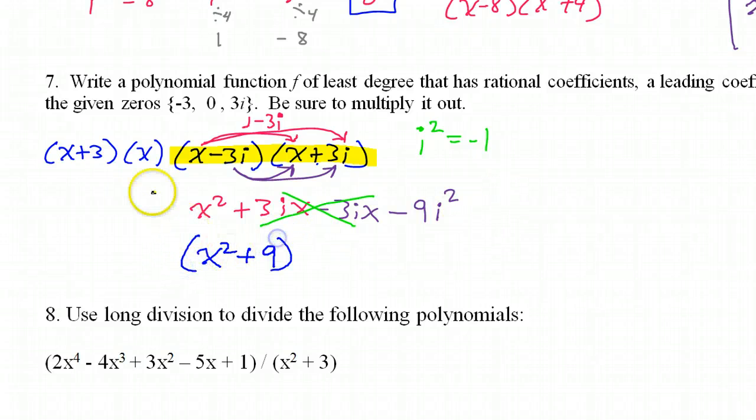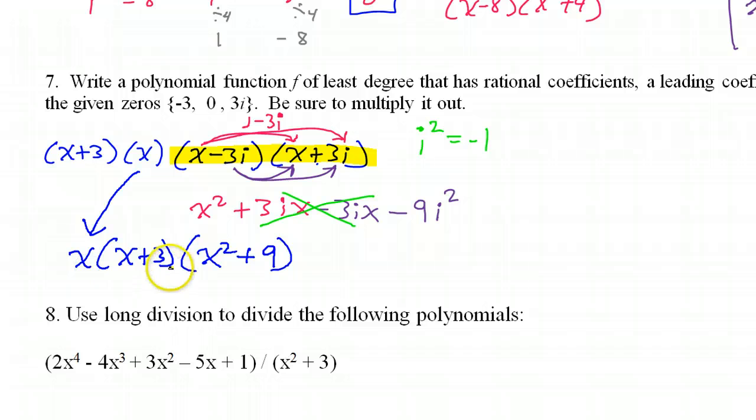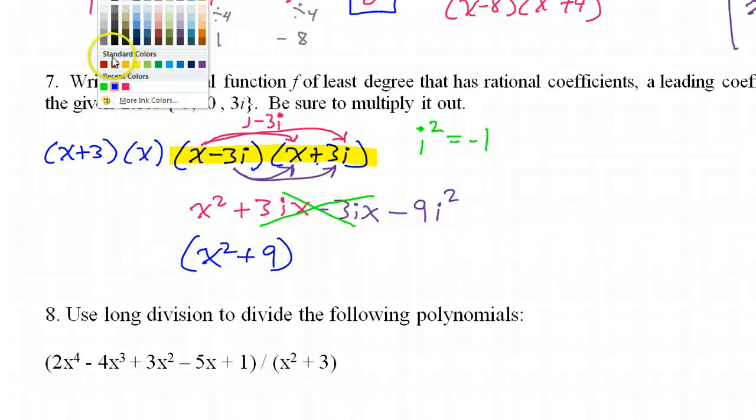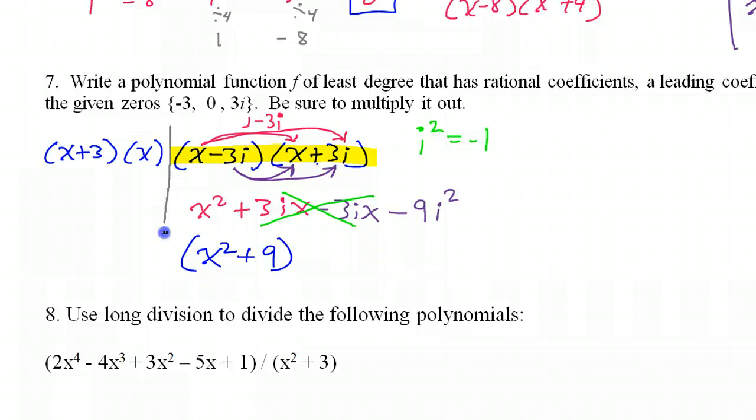Alright, and then if I bring down the rest, I've got this x, and I've got this x plus 3, but I'm going to put the x in front, because I'm just more comfortable with that. So I have x times x plus 3, like this. In fact, let me go back. So, you saw me multiply these two together, and I got this.